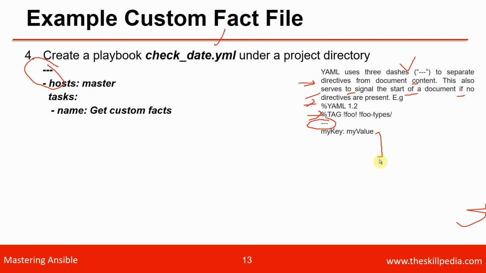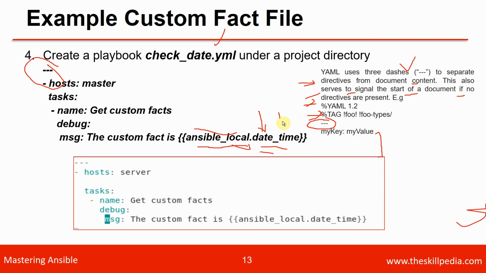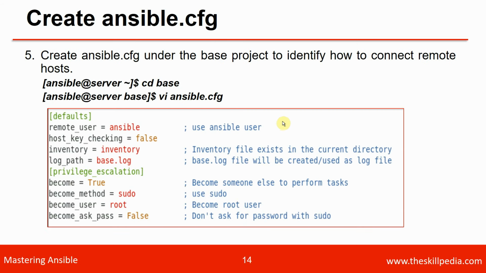So tasks, name, get custom facts, debug, message custom fact is, and this is how you call it. ansible_local is the data structure, the array where all custom facts are stored, and the file name is your fact name. The file name, that file name without .fact. So it was date_time.fact. So that's the fact name you will get. So when you run this, this is the screen grab.